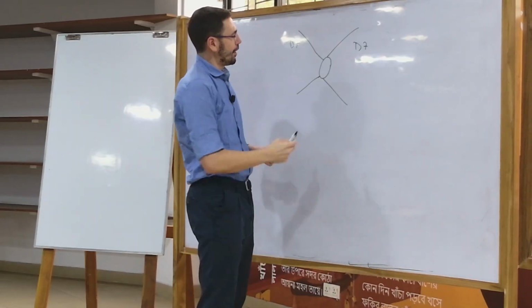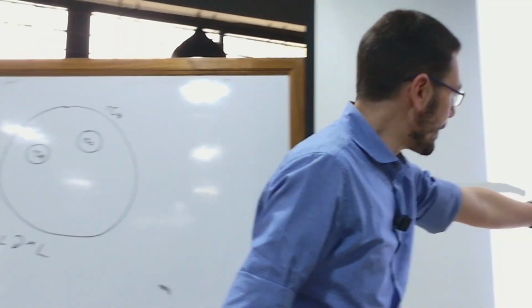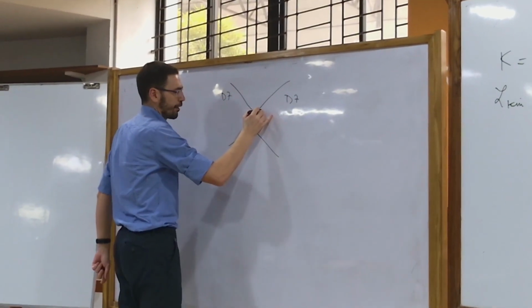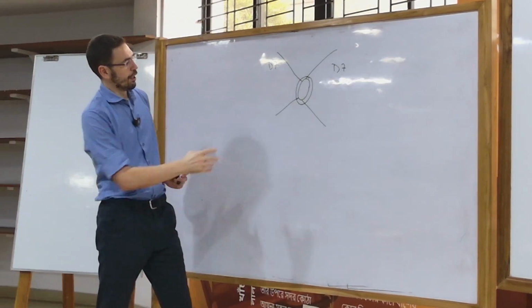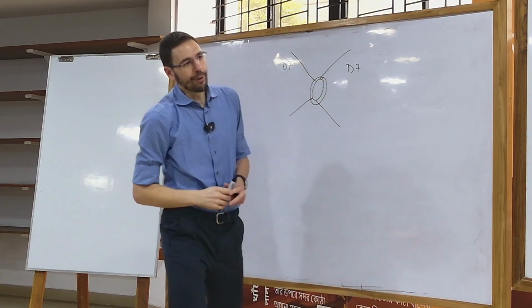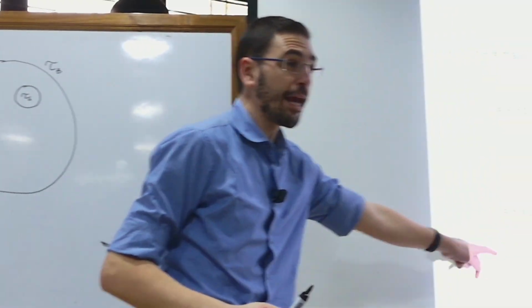Then there were these loops that were interpreted as basically the tree-level exchange. So there could be closed strings winding around this cycle, the intersection, and they are exchanged. Our interpretation instead was in terms of MKK.